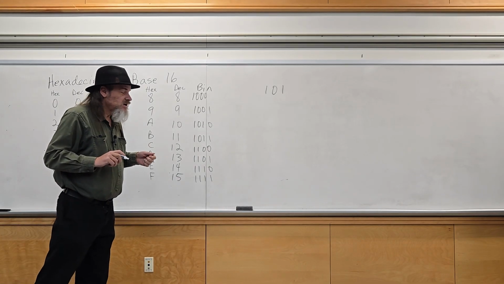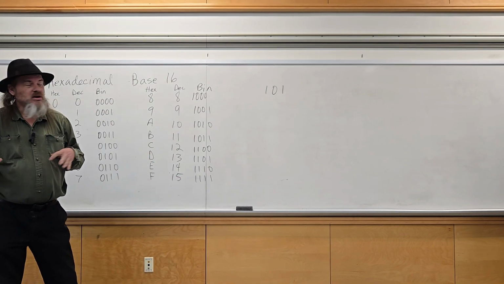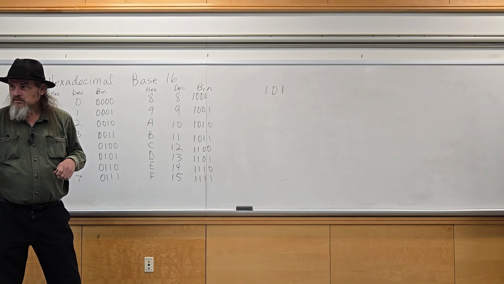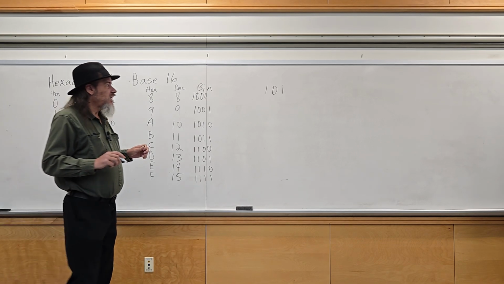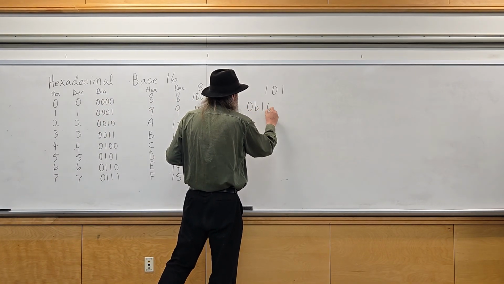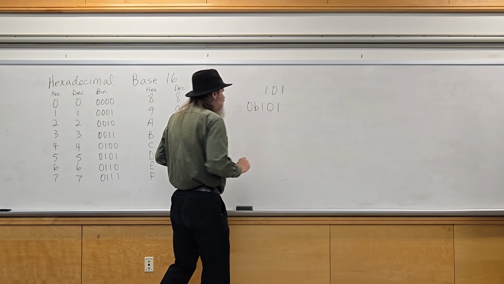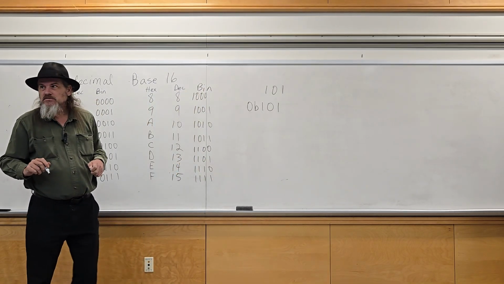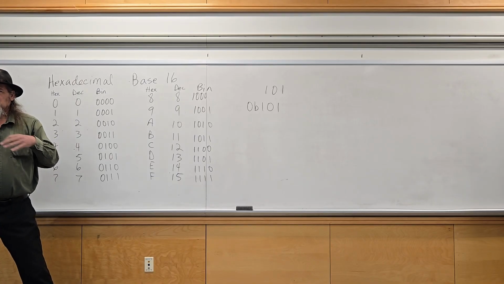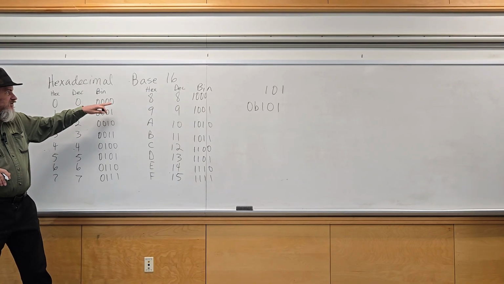Well, when you type it into a computer, if you just type that in, it's base 10. If you want it to be binary, you would precede it with a 0B, because you can't do the subscripts like you can on paper and like what I've been doing here.